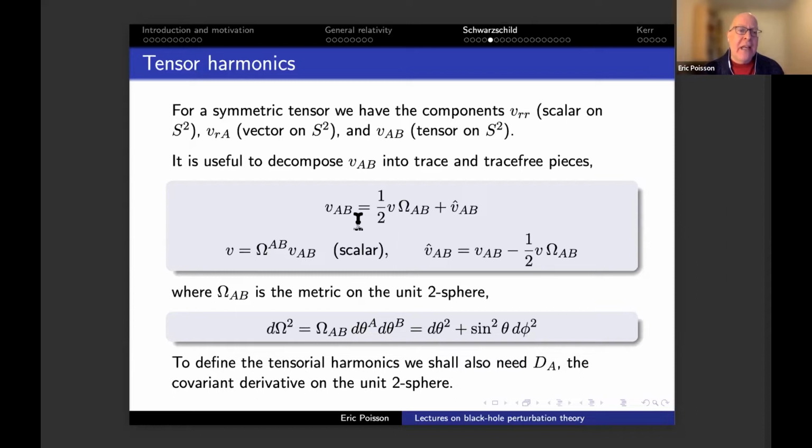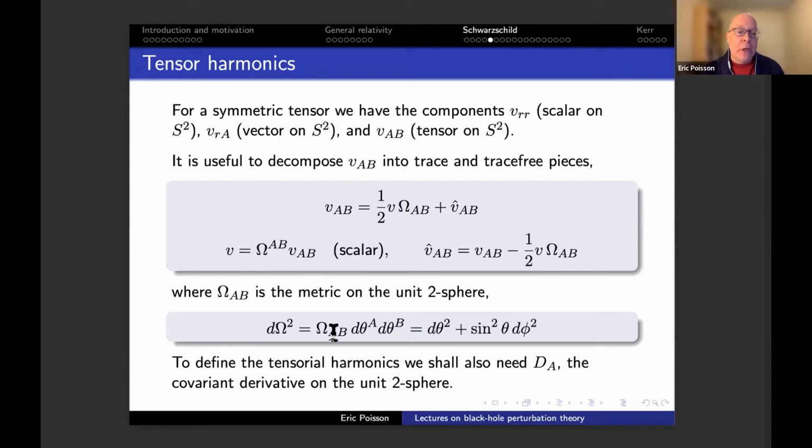So what I'm saying here is that I can always decompose a symmetric tensor on the sphere into a piece that's going to be proportional to the metric and an extra piece. That will be called the trace part of the tensor. That will be called the trace-free part of the tensor. And the way to define the trace here will be to multiply the tensor with the inverse of that metric.